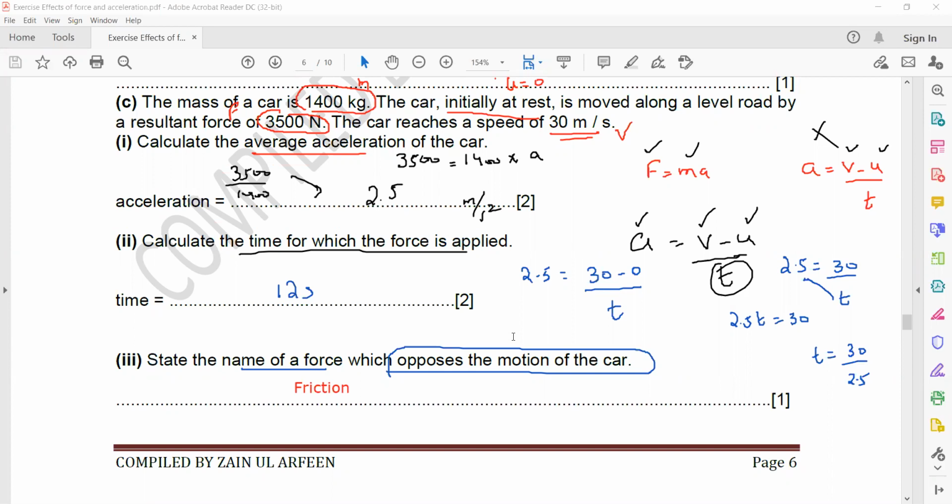In some cases it is opposing the motion, in some cases it is the same as the direction of the motion. But friction is always opposing the motion. That's why resultant force is not a valid answer here. It should always be a friction force, because resultant force can have both possibilities. It might be in the same direction as the motion, or it might be opposite to the direction of the motion. So you can mention friction, you can mention air resistance, or drag is also a term which is used for forces opposing the motion.